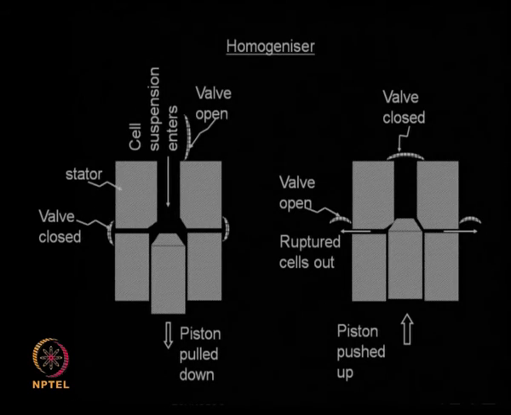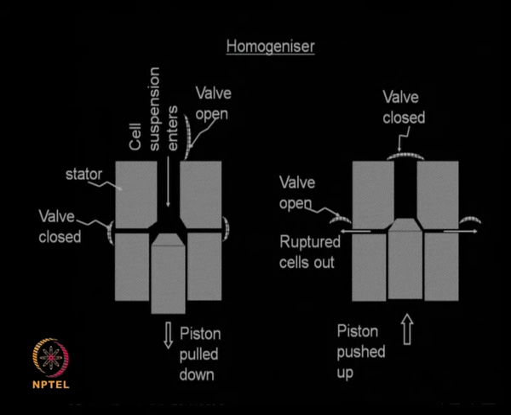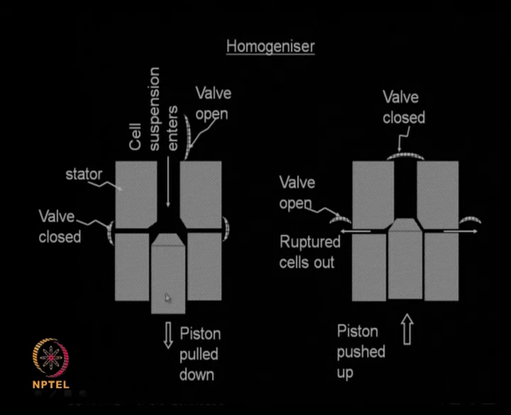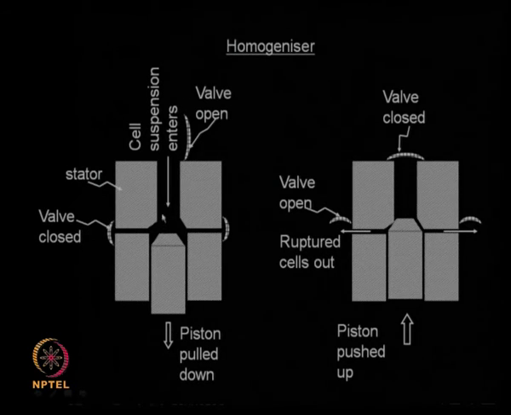There is something called a homogenizer. So how does this work? It has got stators here and there is a piston which moves in and out, okay. When the piston is moving out it creates a vacuum here, low pressure here, so the cell suspension comes in, agreed.